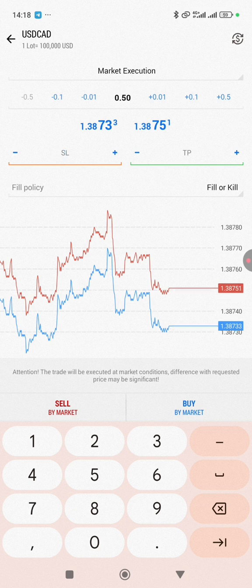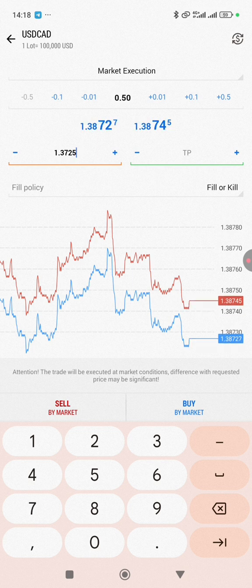So your stop loss will be below your buying price. The current market price now is 1.3873. So I'm saying, okay, I want to risk some number of pips, and when the price goes down to 1.3725, I don't want to lose more than that. So that is what it means.